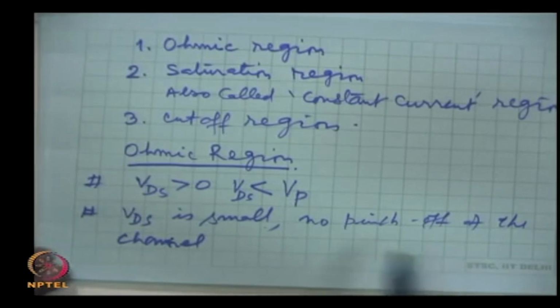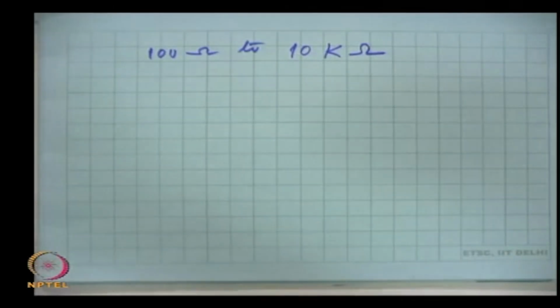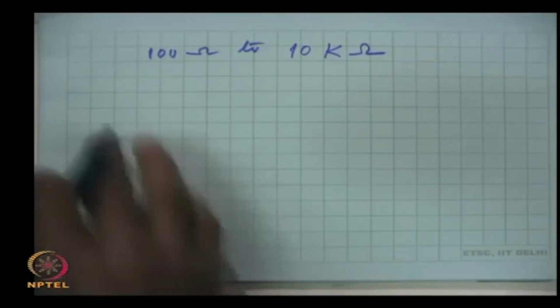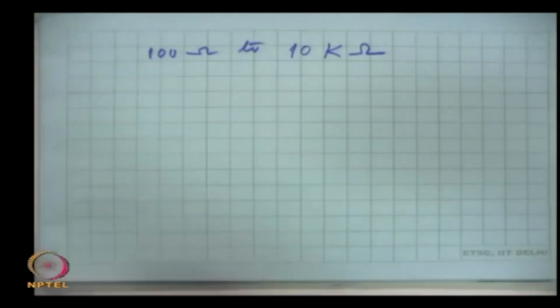So, pinch off does not occur, but the resistance varies with the gate source voltage. The resistance in the ohmic region varies from 100 ohms to almost 10 kilo ohms, and obviously it is a voltage controlled resistance.